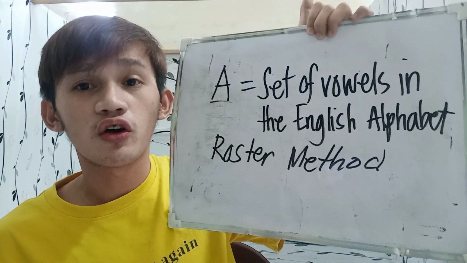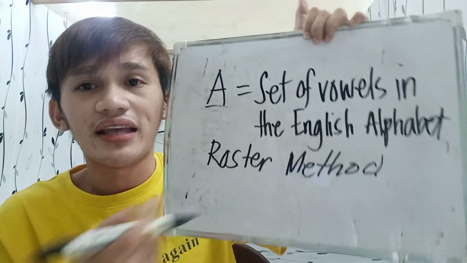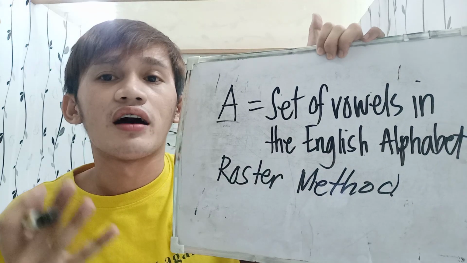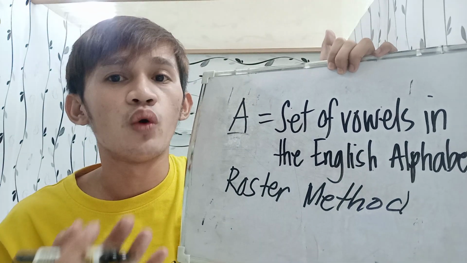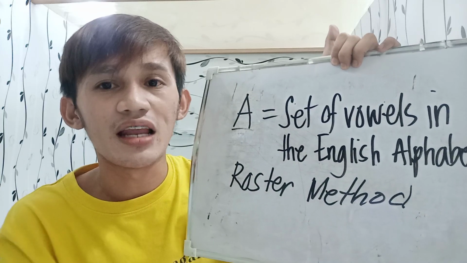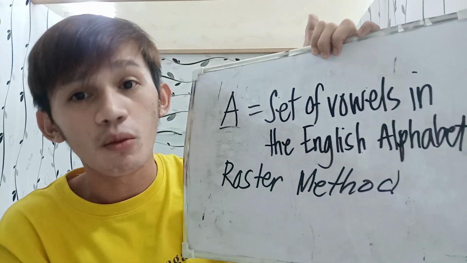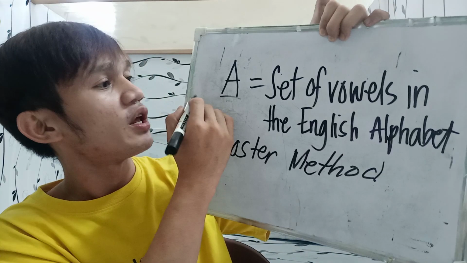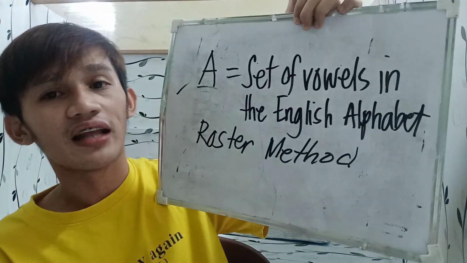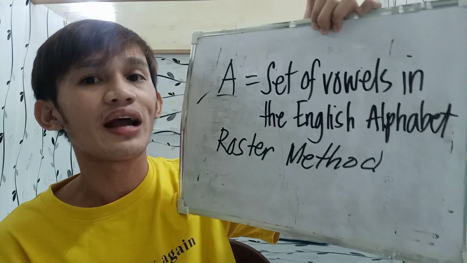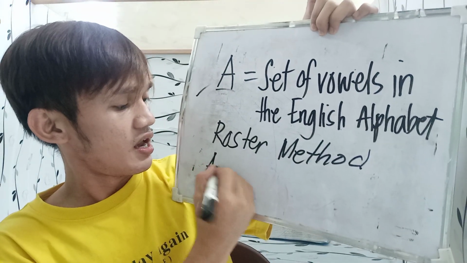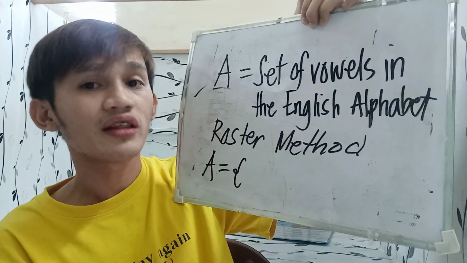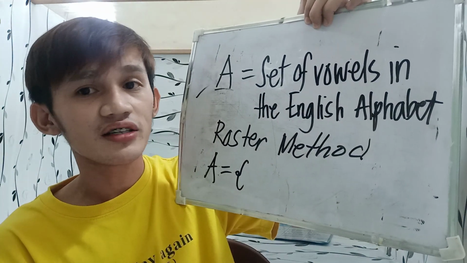A roster method is defined as a set wherein you are just listing all the elements, separated by commas. For example, if we have the set of vowels in the English alphabet and you were asked to write that in roster form, this will be A is equal to, and what are the vowels in the English alphabet?